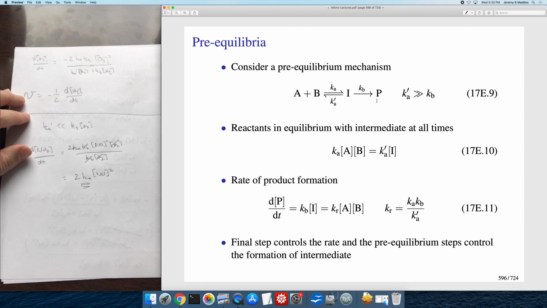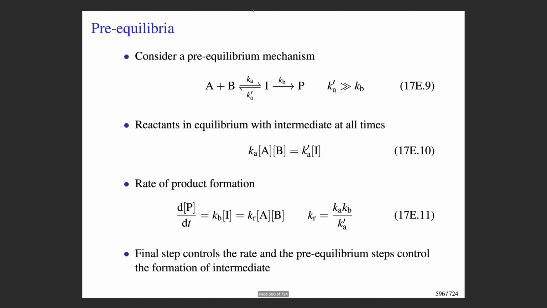Let's look at another motif in chemical mechanisms, a so-called pre-equilibrium mechanism. So here we've got a bimolecular reaction step that forms an intermediate, but then that intermediate can also reform the reactants. Or the intermediate can then go on to form the products.